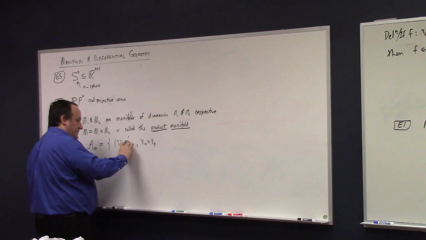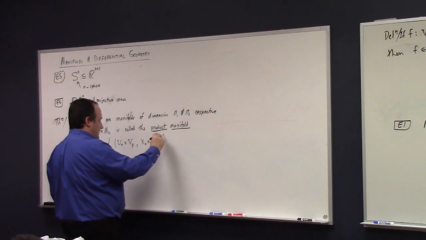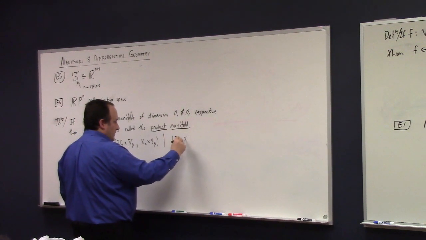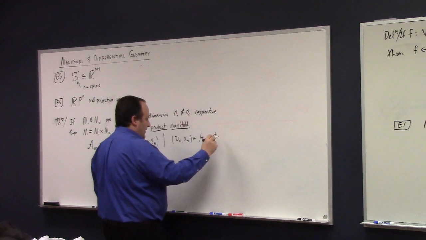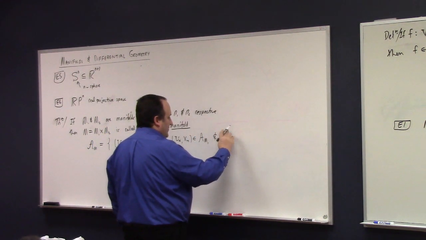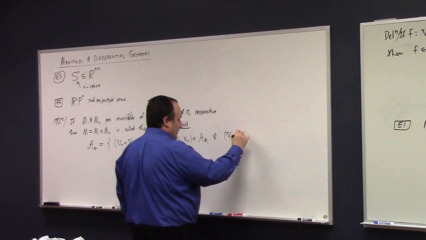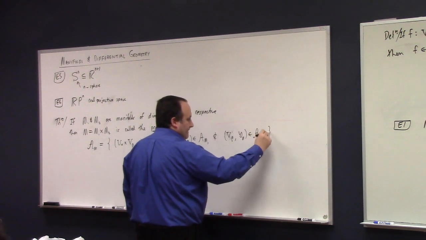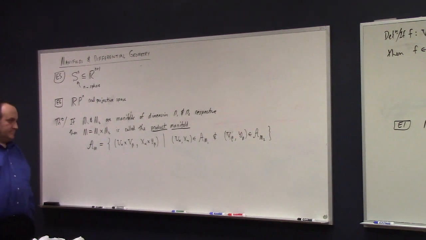I'm going to change to a U and a V just to be annoying, such that (U^alpha, X^alpha) is an element of the atlas on M1, and (V^beta, Y^beta) is an element of the atlas on M2. So basically you just take the product of the charts.